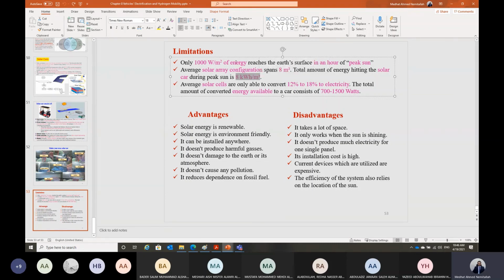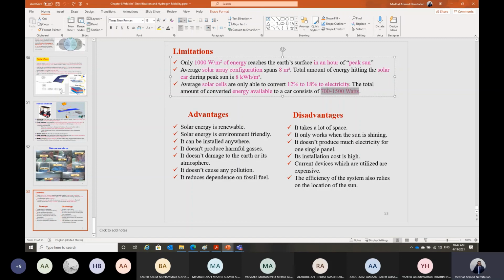But this is the input energy coming from the sun. The photovoltaic has an efficiency of about 12 to 18% to convert this energy into electrical power. So at the end, with this efficiency, we can get about 0.7 to 1.5 kilowatt per hour, sorry, per 8 meter square, which is the surface area of the car.